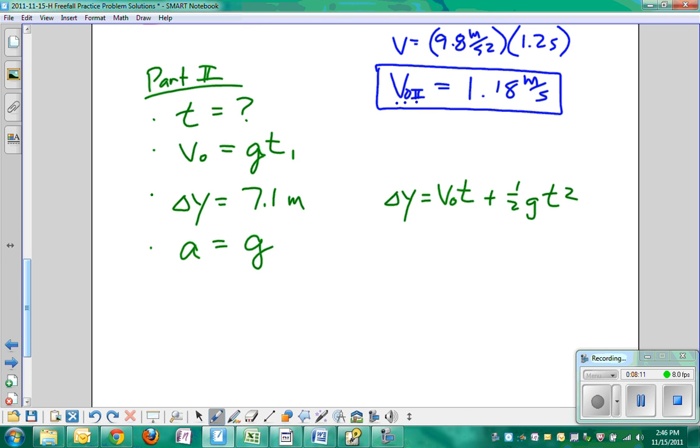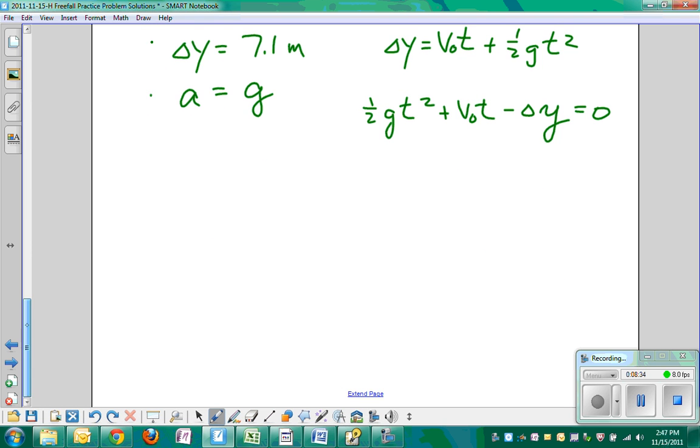All right, so knowing that, since we're going to solve for t, it looks like we're going to have a quadratic expression. We'll say 1/2 g t squared plus v naught t minus delta y is equal to 0. All right, move it along a little bit more. That makes our a term 1/2 g, or 4.9.